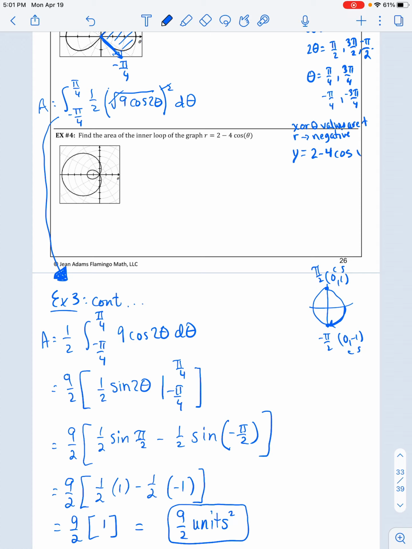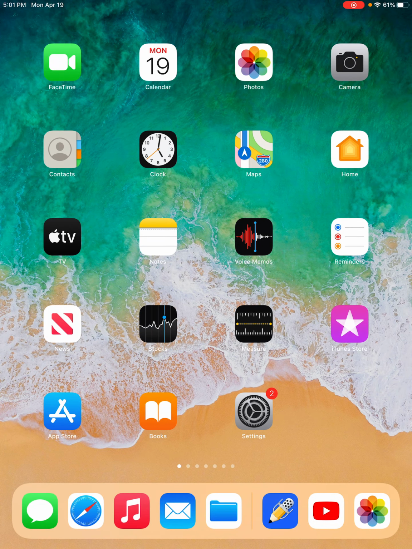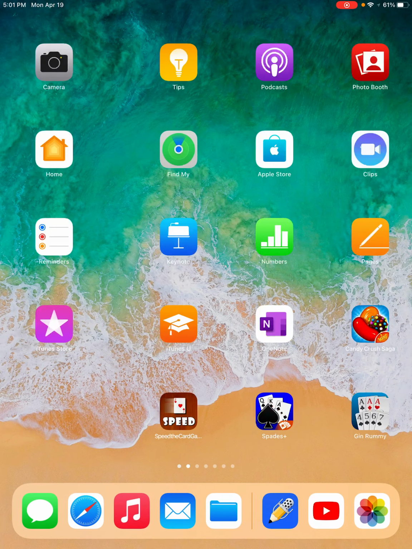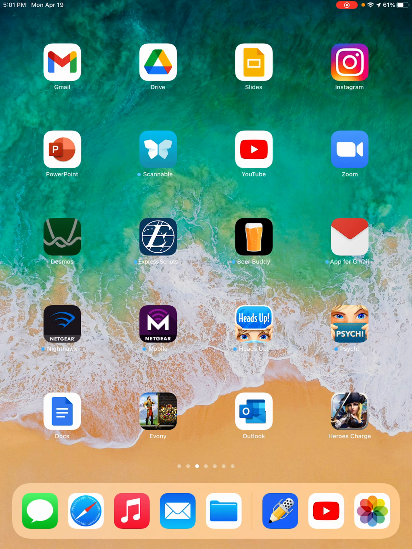So if we changed this into y equals 2 minus 4 cosine x, we would be looking for where your y values are negative and your x values are positive. Okay? So let's go look at that on our calculator, y equals 2 minus 4 cosine x. Let's go do that real quick.